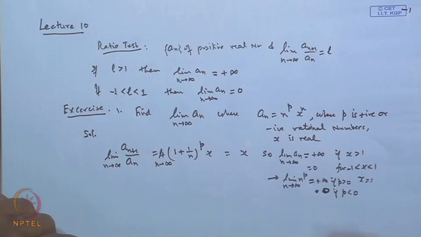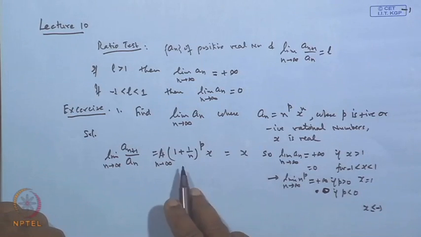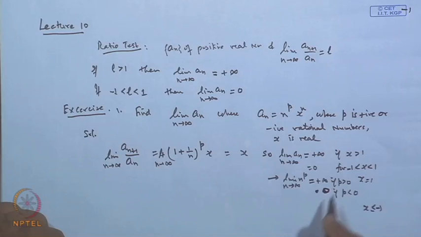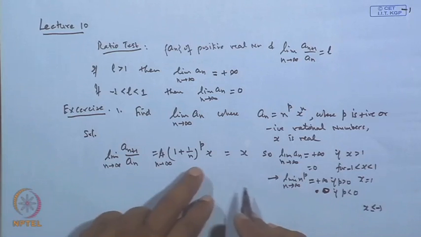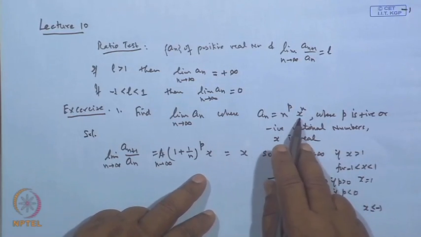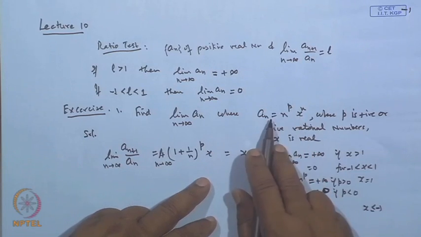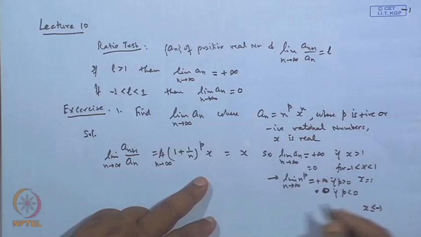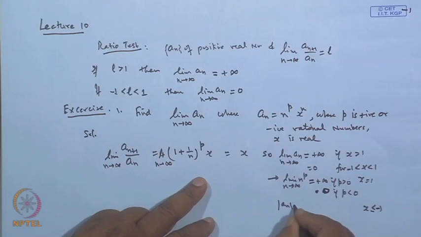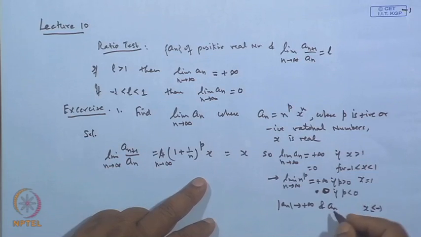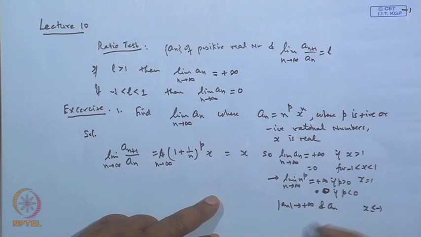Okay. And if x is less than or equal to minus 1, then what happens? The sequence is minus 1 to the power n, and it will keep on oscillating. So, the mod of a n will go to plus infinity and a n is oscillatory infinite.